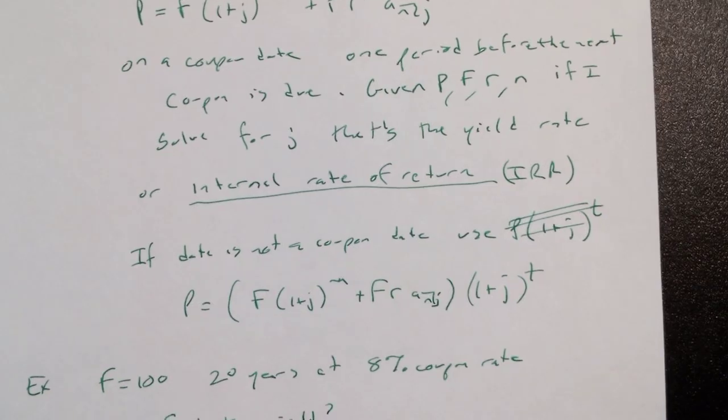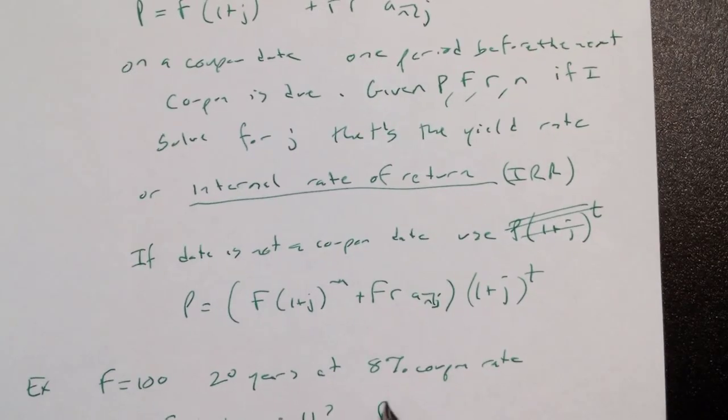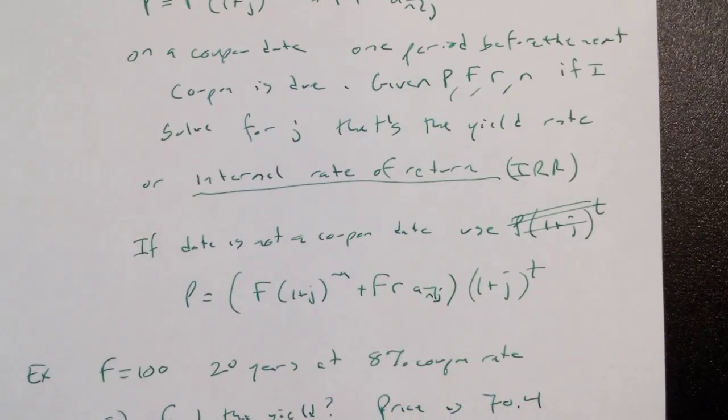Let's find the yield assuming the price is $70.4. Okay, here we go.